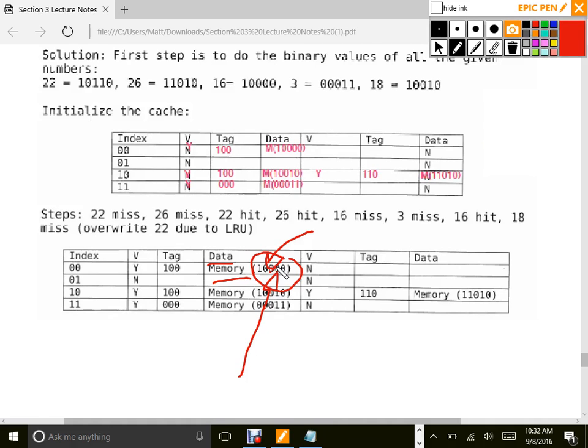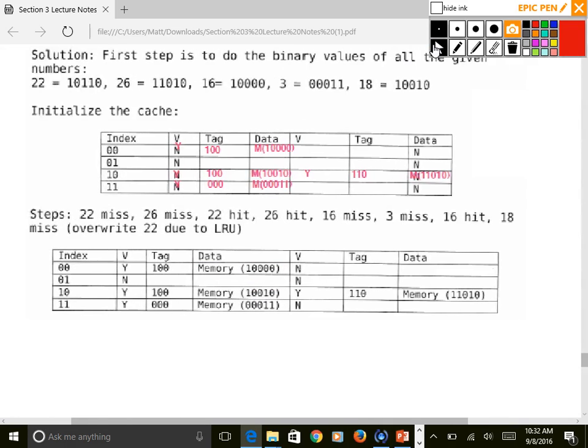Is each row of that cache table still a block in the cache? Yes, it's a block. The block is the minimum amount you can transfer. In the last stage, we had to overwrite 22 and put in 18. That's a block. Does that mean each location in the cache stores 2 blocks?